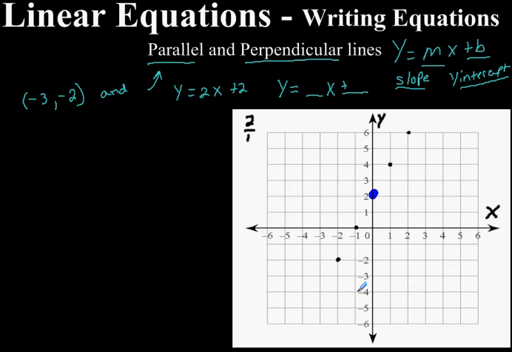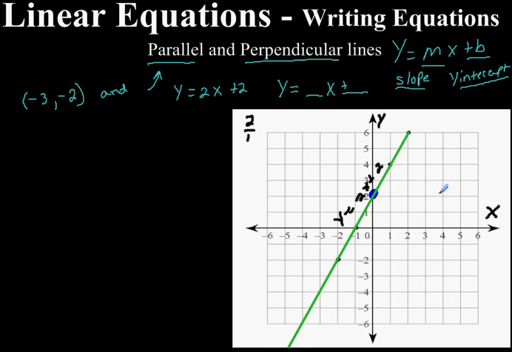Now, with this in mind, let's draw a straight line. So we know this parallel line does this right here. Let me label it. This line is called y is equal to 2x plus 2.